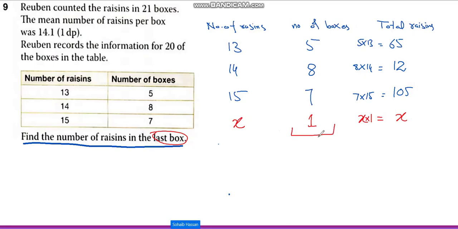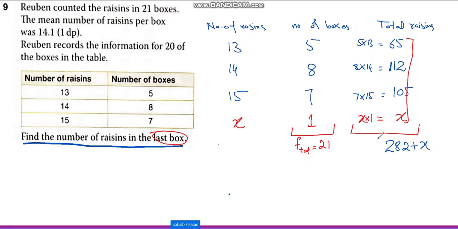Now, to apply the formula of the mean, we need to find the total frequency. The total frequency is 21, since we already know there are 21 boxes in total. Similarly, the total number of raisins: if we add these numbers, we get 65 plus 112, and so on, giving 282 plus x.